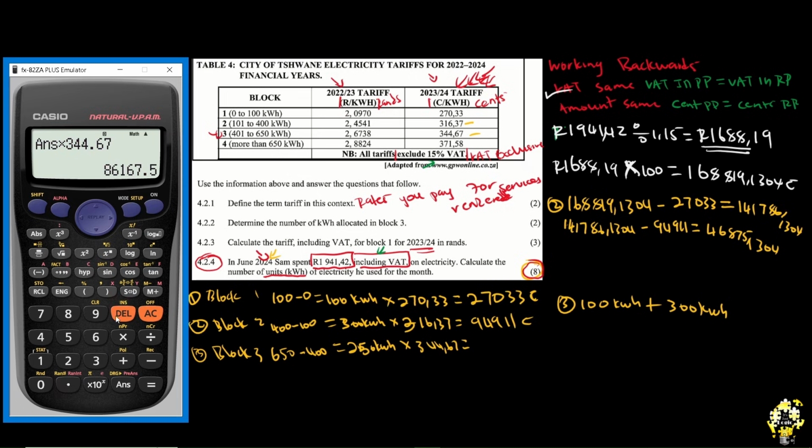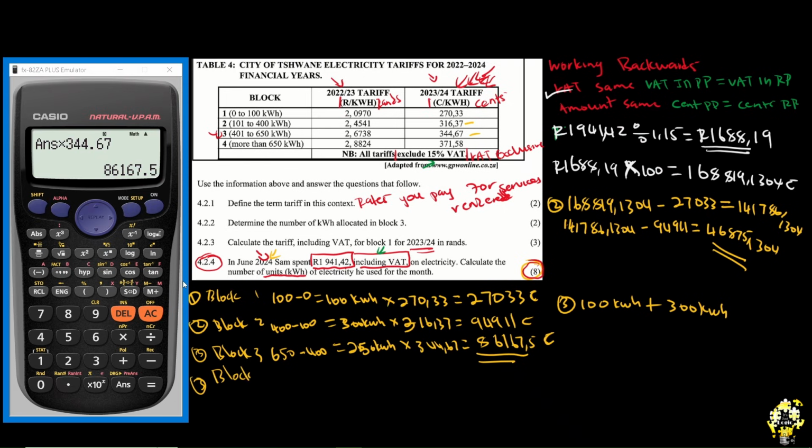You see, we are actually getting 86,167.5 cents. This is where you know this amount is bigger than the remaining amount. That means you were not supposed to do the last step like this, because it shows you that you have actually exceeded the amount. So block 3, this is what you are supposed to do.